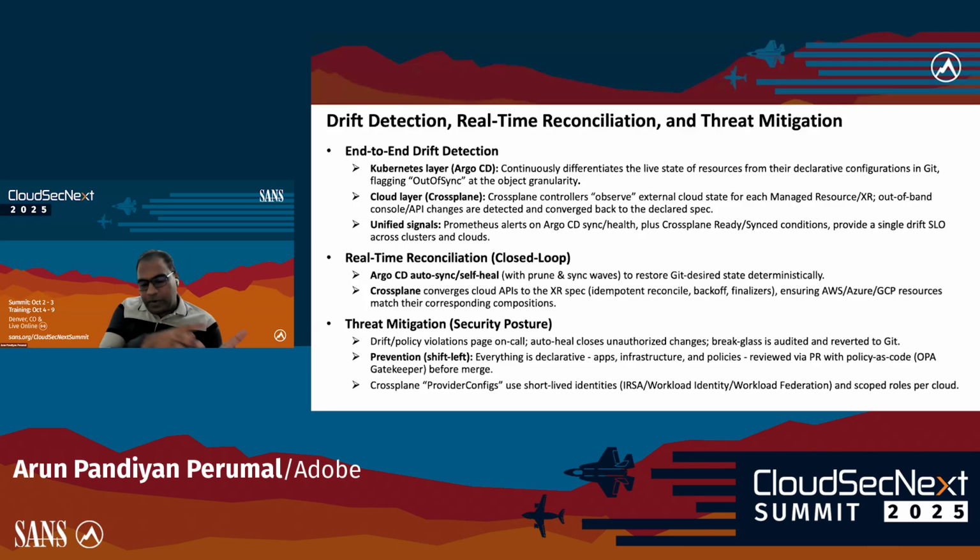And on the prevention side, we follow the shift-security-left process. Everything like apps, infrastructure, and policies is defined declaratively, and it is reviewed through pull requests. And also we have the OPA Gatekeeper to enforce compliance before Crossplane even provisions those resources.